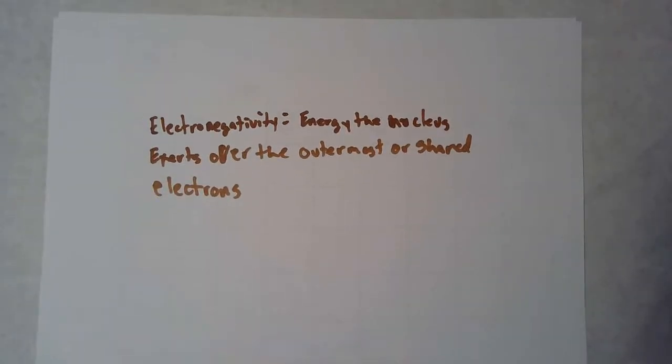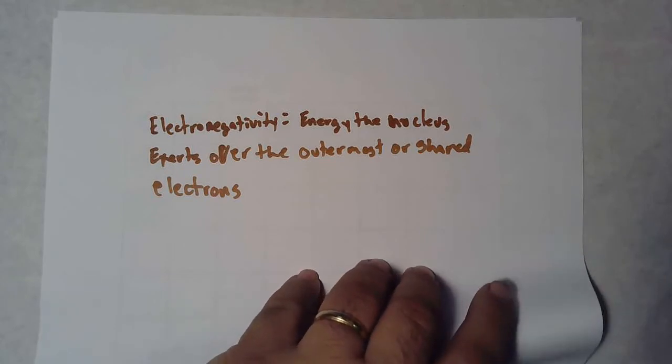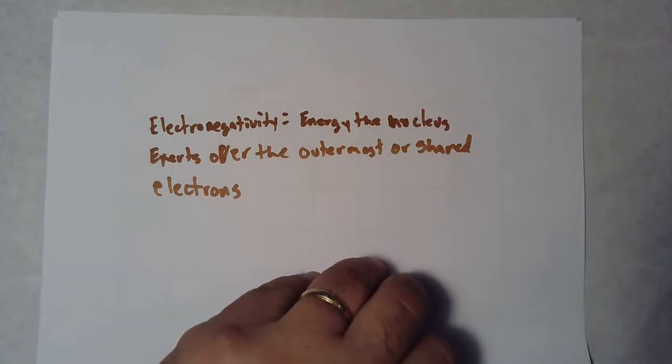The first trend we want you to write down is electronegativity, which is the energy the nucleus exerts over the outermost or shared electrons. So what does that mean?